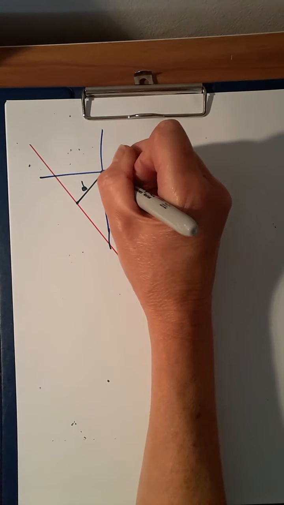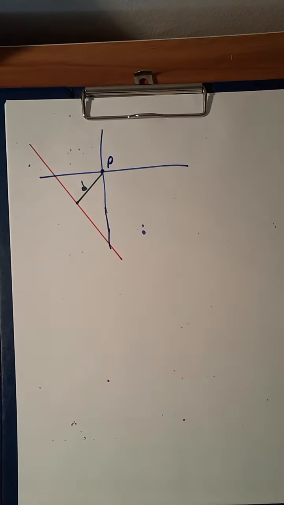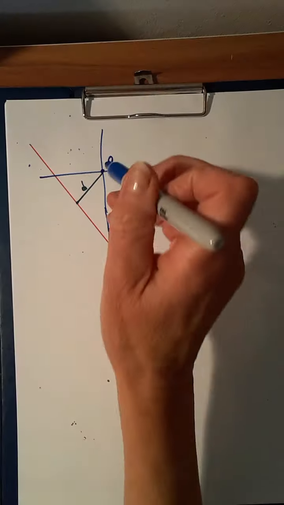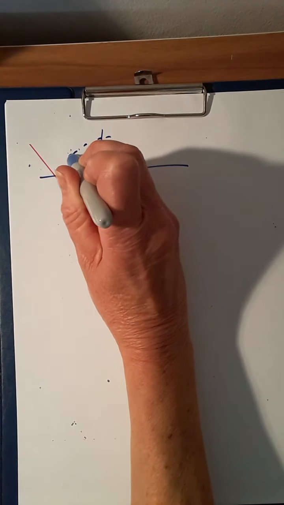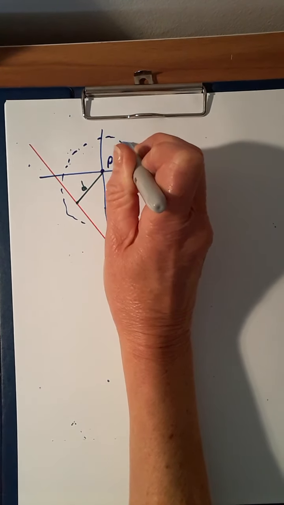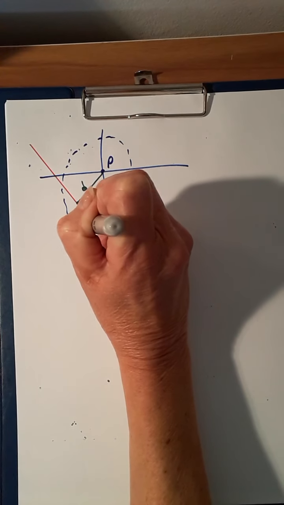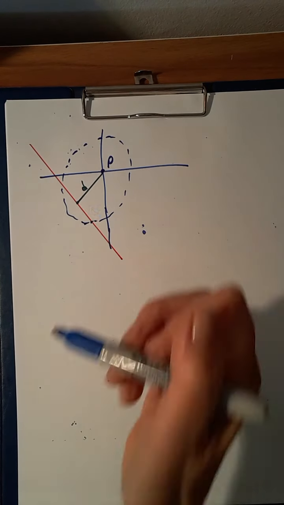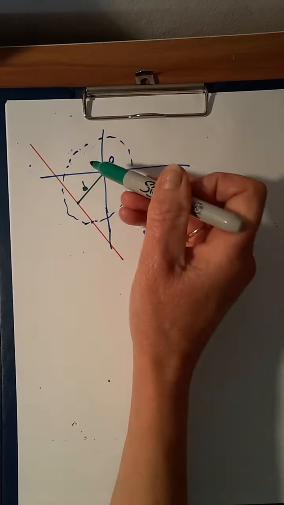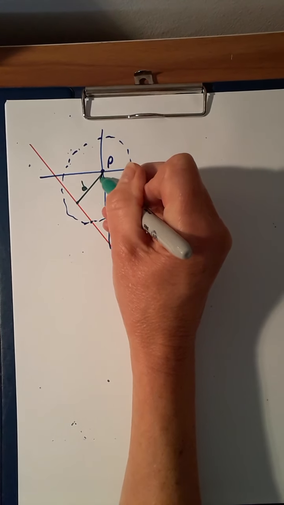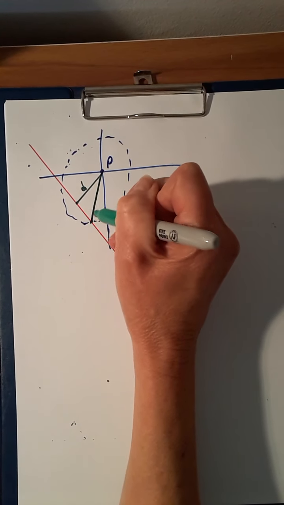So if this is P, and P can be seen from Q for 12 minutes, what I'm going to do is draw this kind of circle around there. And from P to where that cuts the relative velocity line, that distance is the one I'm looking for.